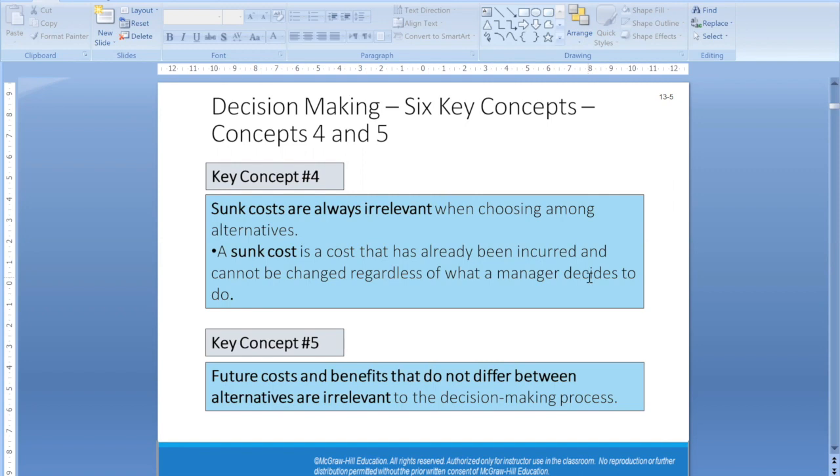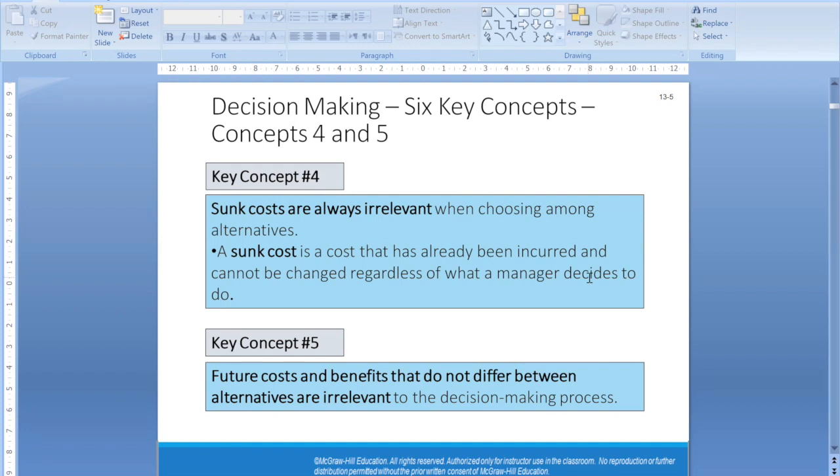It is a cost that has already been incurred in the past and cannot be changed regardless of what the manager decides to do. So if you choose alternative A or alternative B, the sunk cost will not differ, will not be different. So it will be irrelevant for our decision.